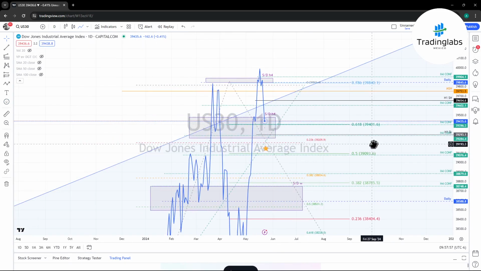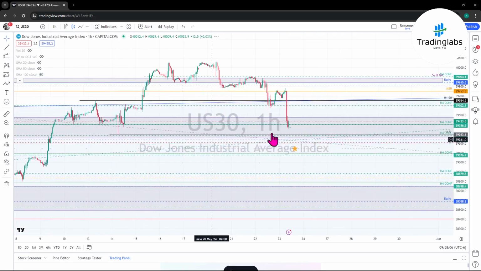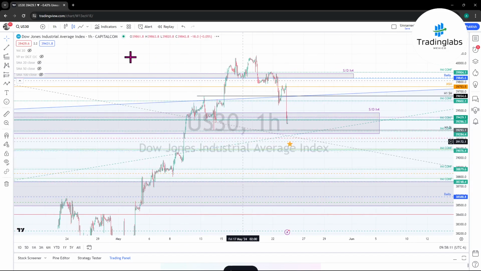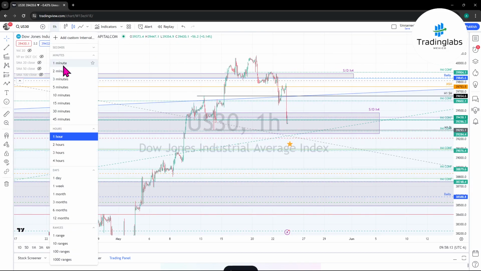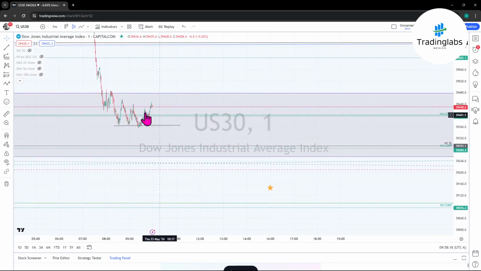So here we have a confluence of the 0.68 of the Fibonacci extension. That's why the market is already reacting here. That's why in the M1 the bulls are coming in. So you have confluences: you have a demand zone, you have the Fibonacci extension, you have support.